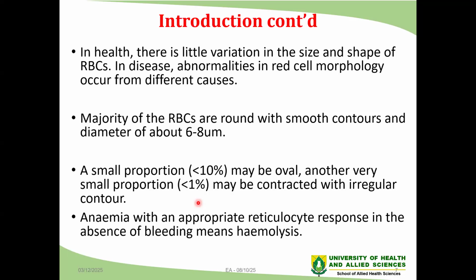Now, hemolysis is a very wide subject in terms of the breadth we cover. But it simply means premature breakdown or premature destruction of the red cell. We'll just take it at this level that hemolysis simply means premature breakdown of the red cell.